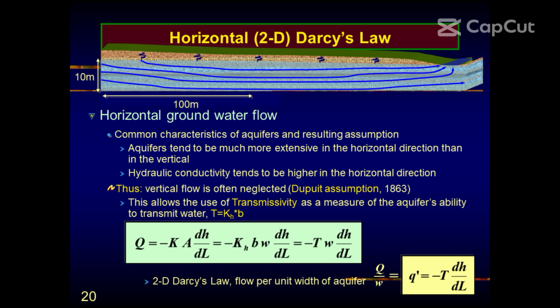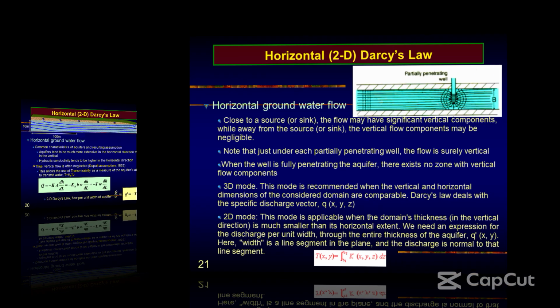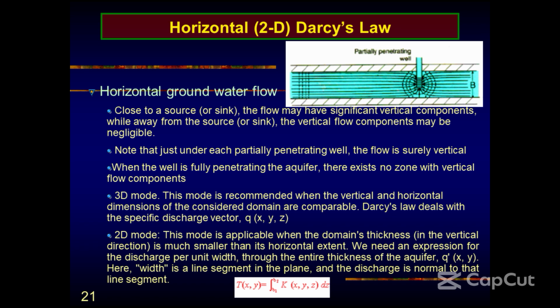Instead of KHB, because here we are using only X as a function of X and Y, isn't it? So this will now become T. And then 2D Darcy's law, flow per unit width of the aquifer, becomes this. Okay? And then this is the example where we have a partially penetrating well.